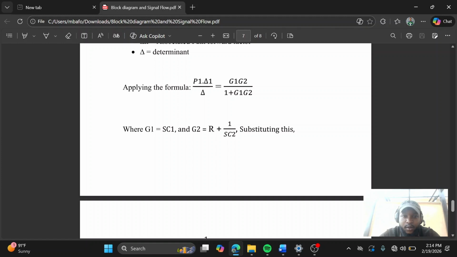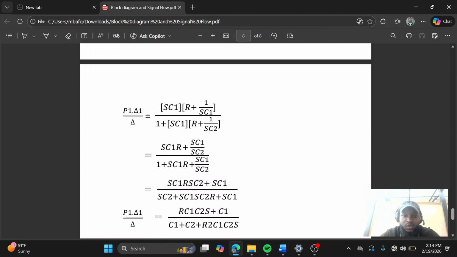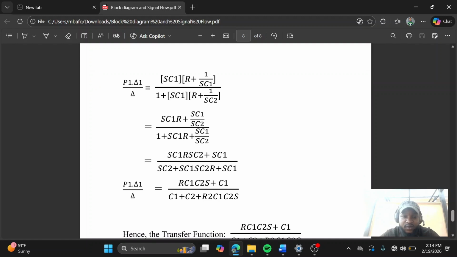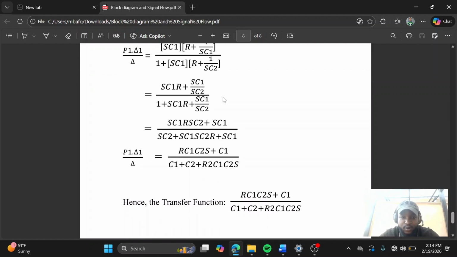SC1 will go where G1 is, and R plus 1 over SC2 will go where G2 is. Then we do our simplification and end up with this answer. So the transfer function is equal to RC1C2S plus C1 over C1 plus C2 plus R2C1C2. Thank you.